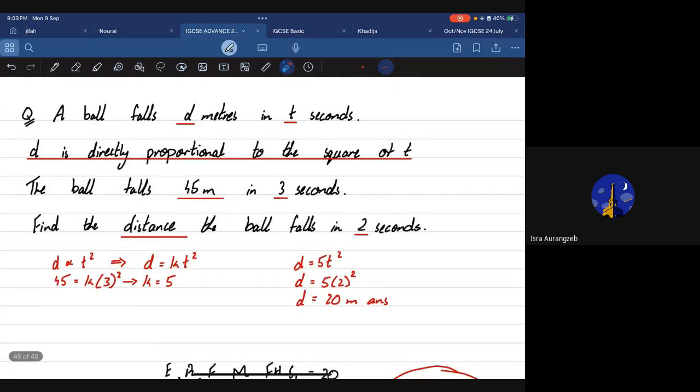But most of the students get their answers wrong because they fail to interpret the question. They fail to understand what is square of t, what is d, and what not.